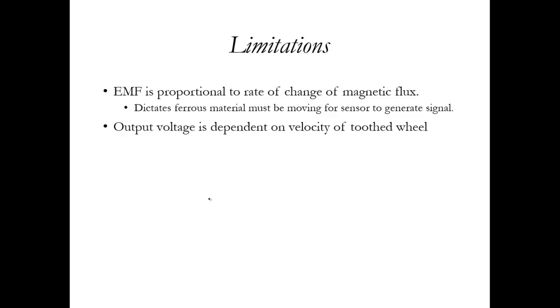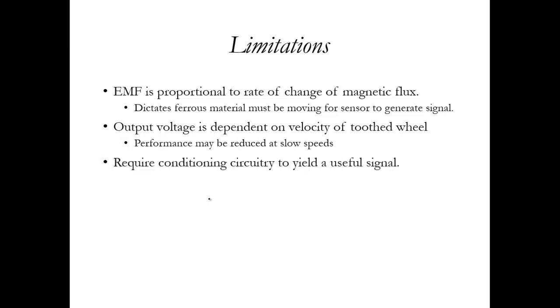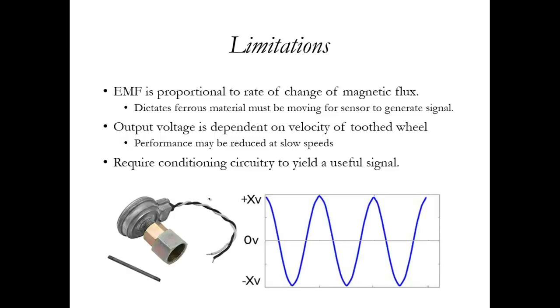Then the output voltage is dependent on the velocity of the tooth field, so it may reduce the performance at slow speeds. In this case, we require conditioning circuitry to yield a useful signal, because the moment we have an output, this type of output may be very small. Small in a sense means a very low voltage, which needs to be amplified and filtered.